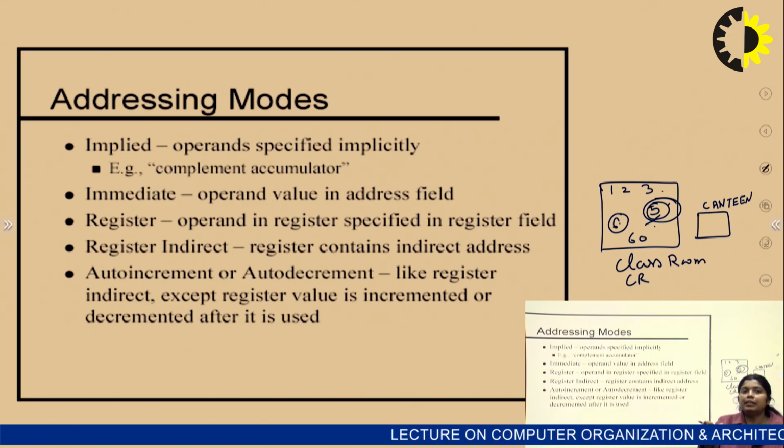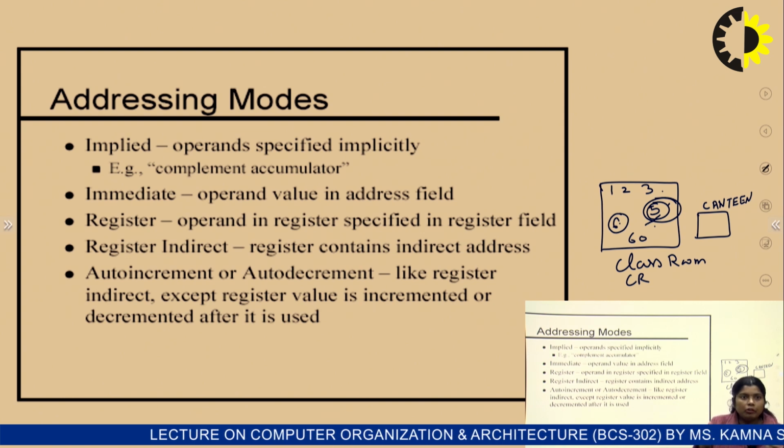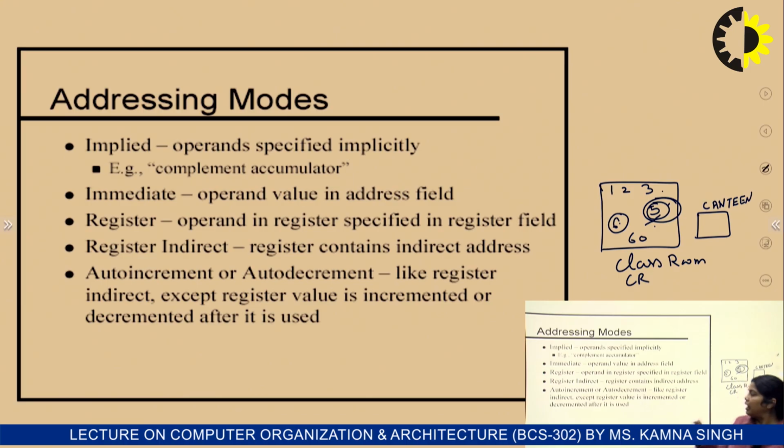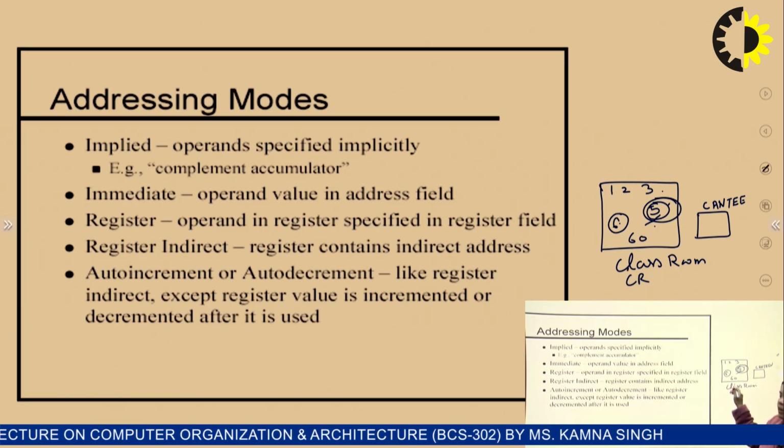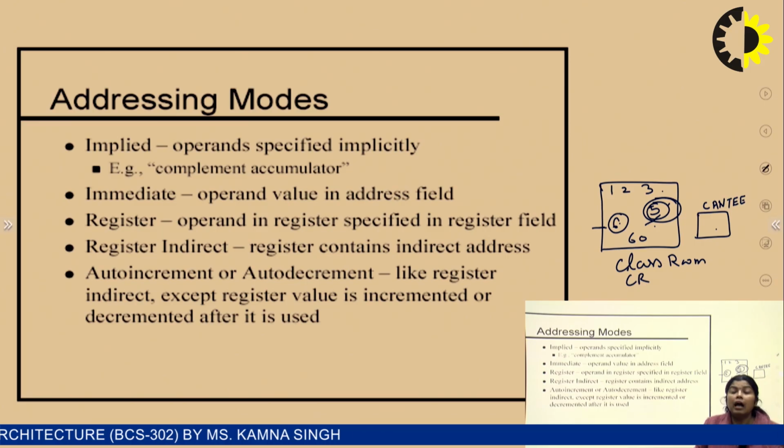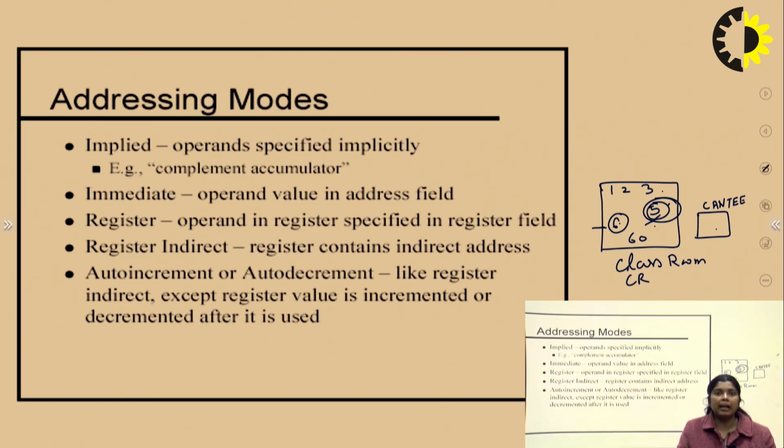When I go to the classroom, the student's friends say that this roll number is sitting in the canteen area. It means I can get that student's location indirectly. Then it is called the indirect mode.